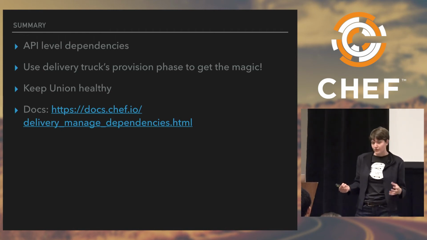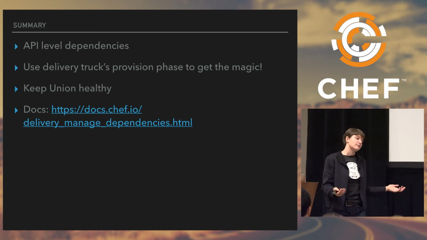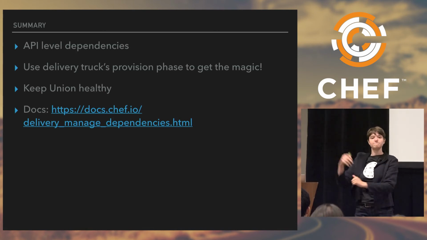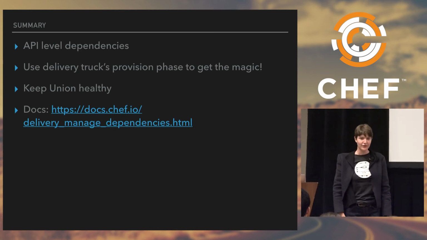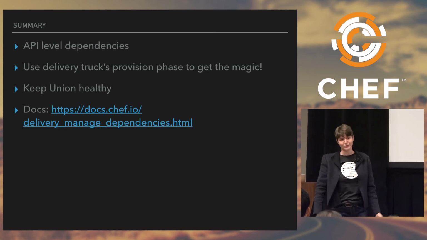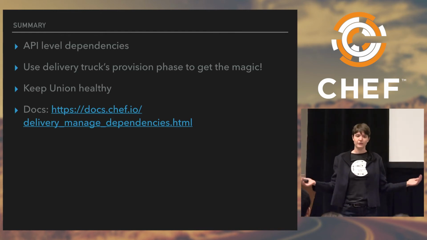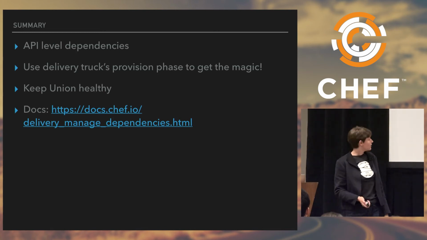If you don't, or if you use a really old version of delivery truck that you hacked for your company, you're going to be sad, because very old versions of delivery truck just promote everything as a block. And your safety is gone. So don't do that. Use one that's less than 6 months old. Keep union healthy, because it's going to become a raging amoeba and block everything. And that's where the docs are.